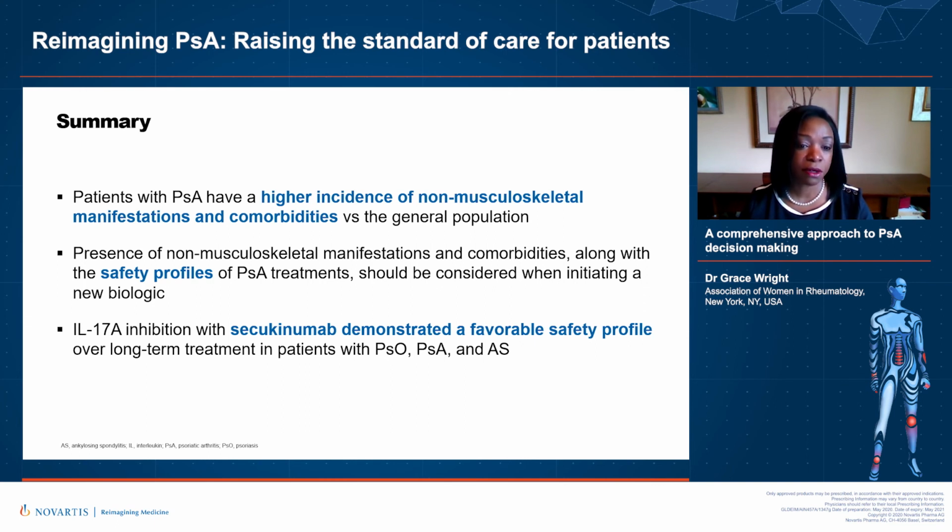Our goal is to get the right drug to the right patient at the right time with all of these considerations taken into place. And finally, I've also shown you the data for IL-17A inhibition with secukinumab, demonstrating a favorable safety profile over long-term treatment in patients who have either psoriasis, psoriatic arthritis, and ankylosing spondylitis.